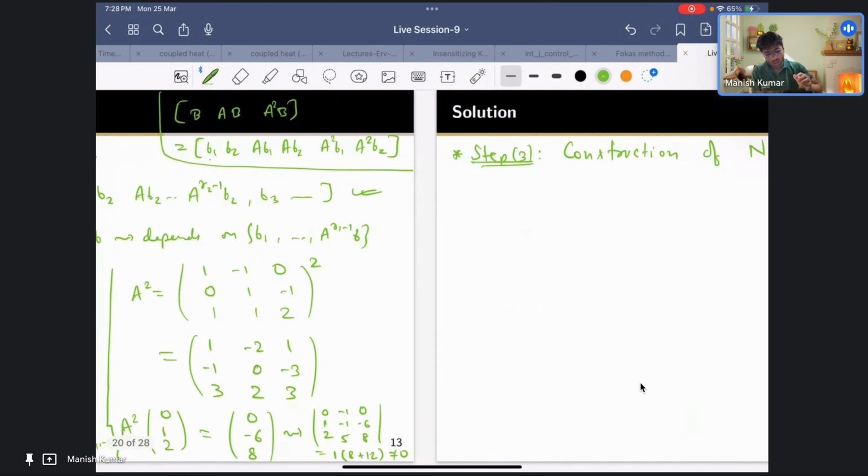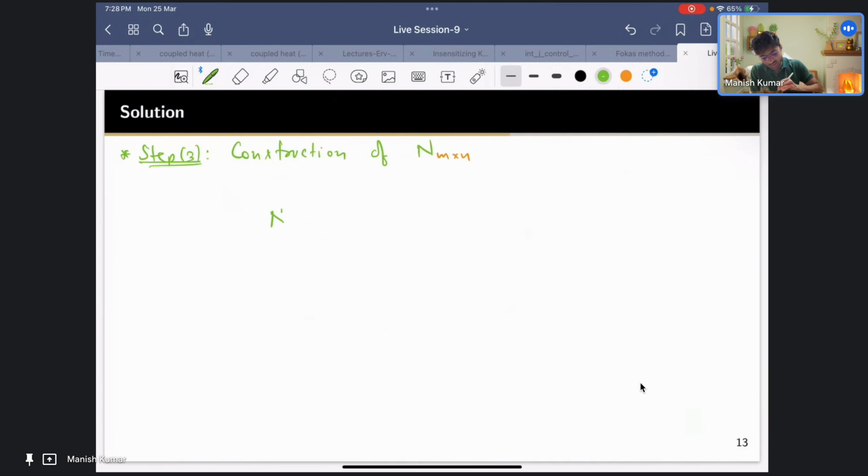Okay, and how you construct this N is like this. I am taking the general case. Whatever R1 you get, at the R1th column I will put my E2. This N, you recall, is an M cross N matrix, so all the columns are vectors in R^M.